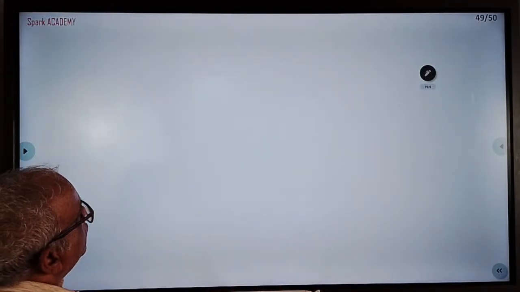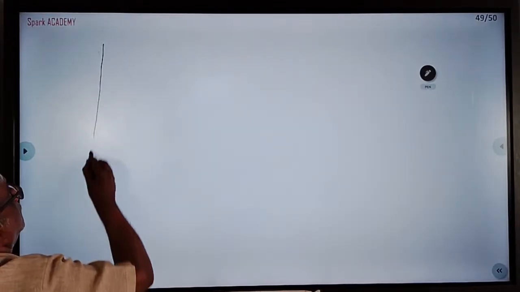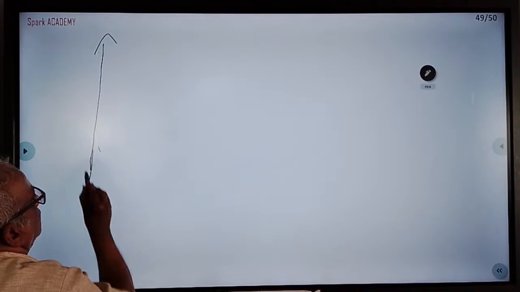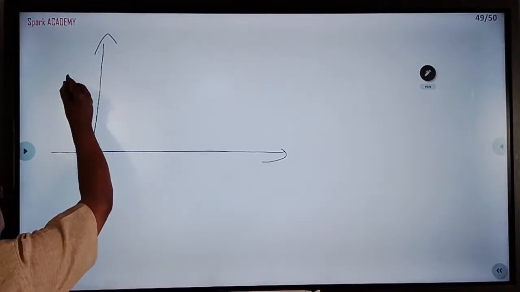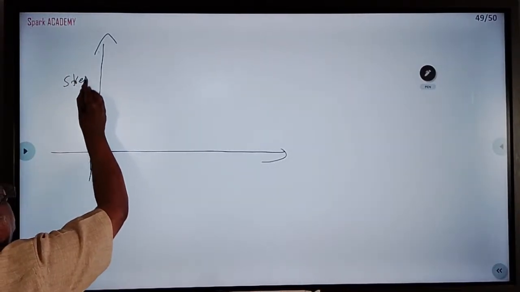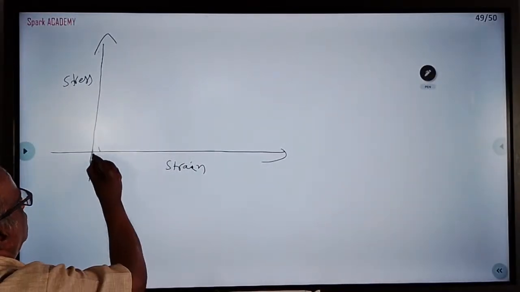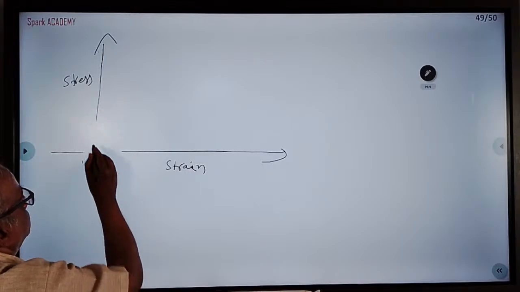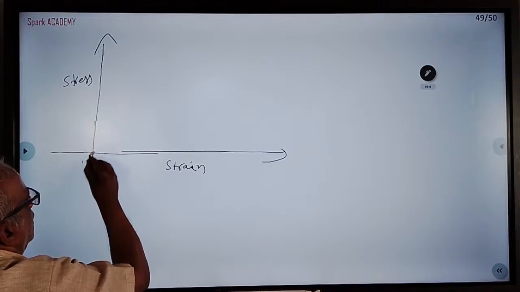Stress versus strain. You have to write what you are taking on the y-axis. This is the graph. What is the graph we are going to get?